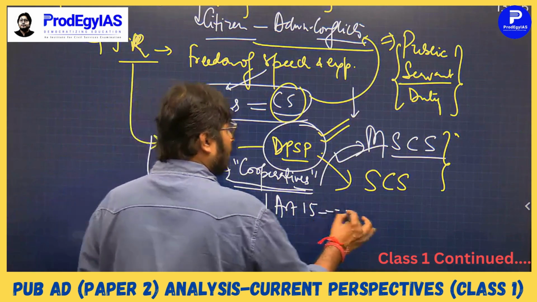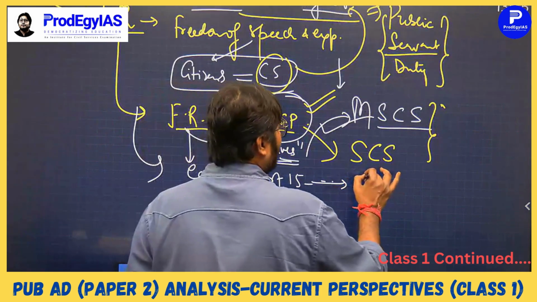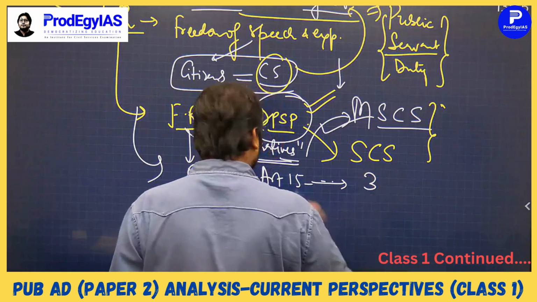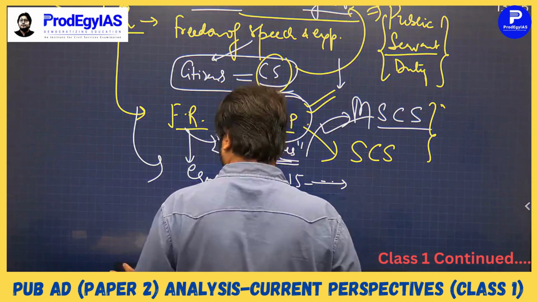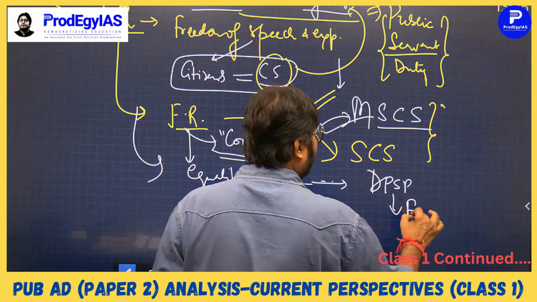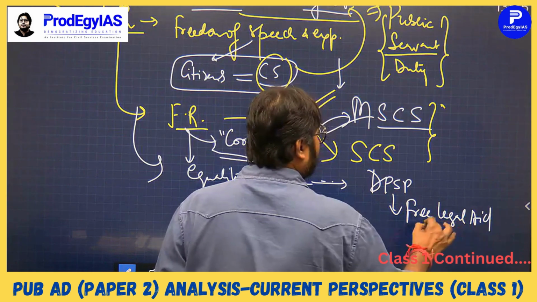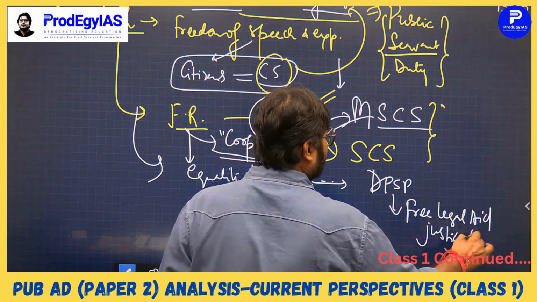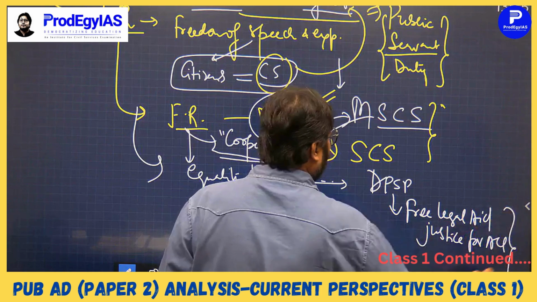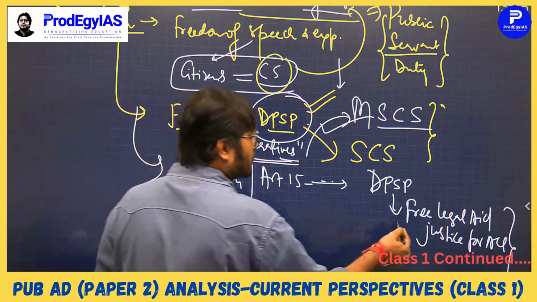And likewise, how that is related to the purpose of the DPSP, like the free legal aid, justice for all, and whatever. Right? So they can keep asking such questions, right?